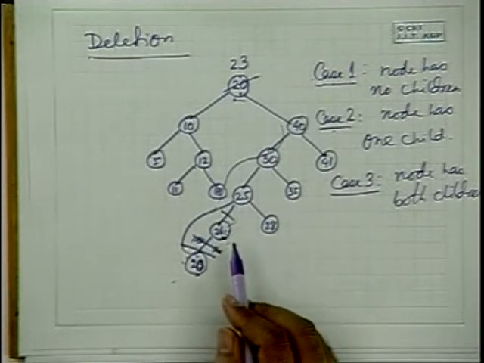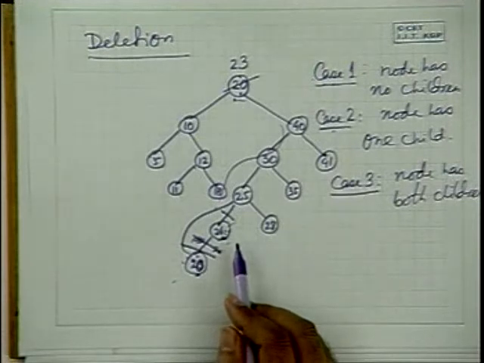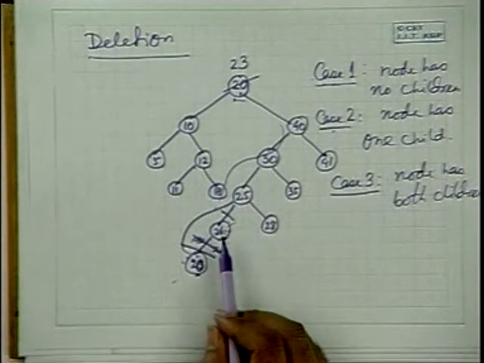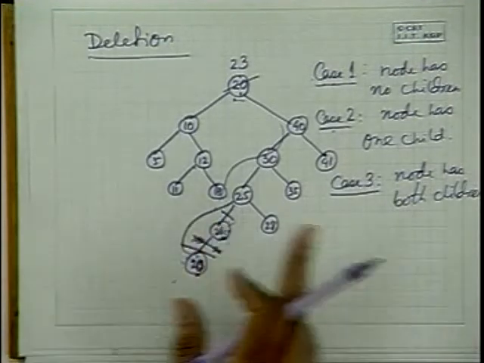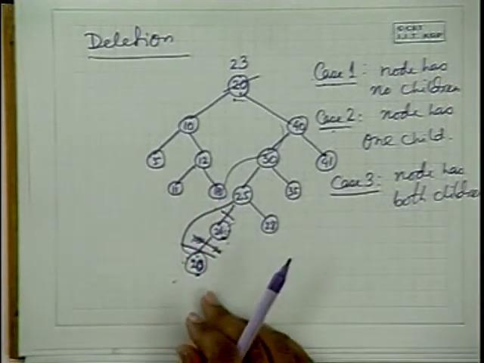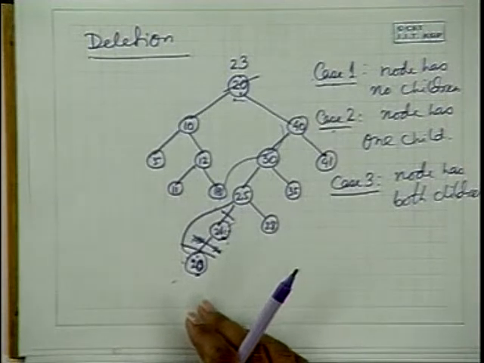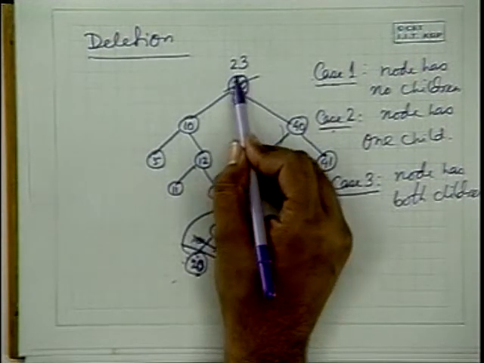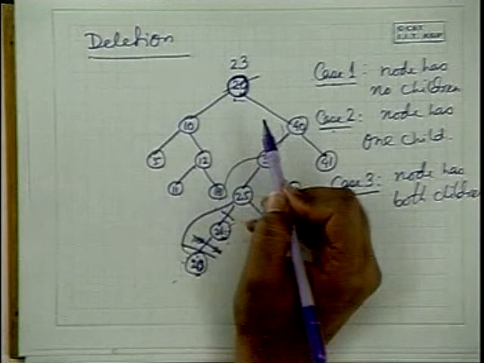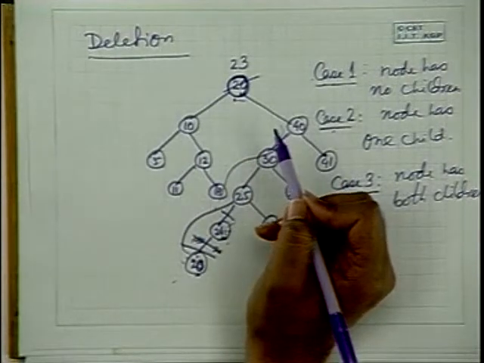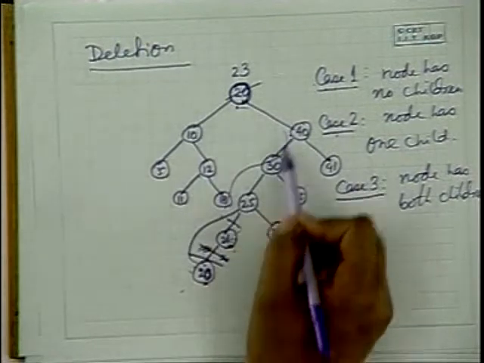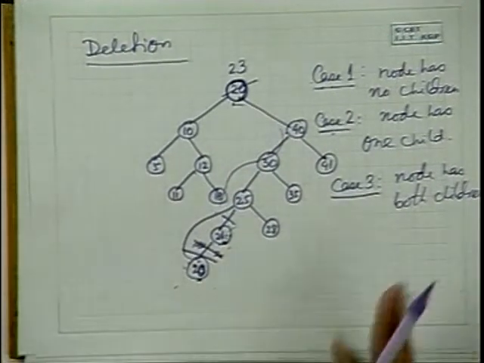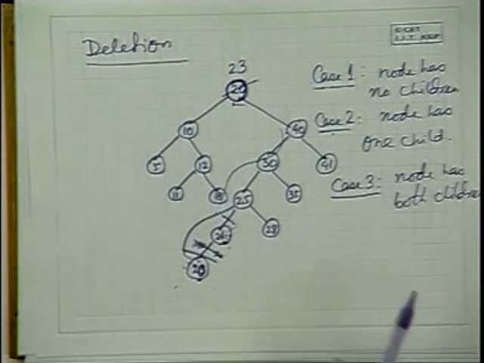It will never happen, because of the way we have defined it: the successor is the extreme left of the right subtree. When the node we are going to delete has two children, its successor is nothing but going to the right and then taking the leftmost, and that cannot have any more children.